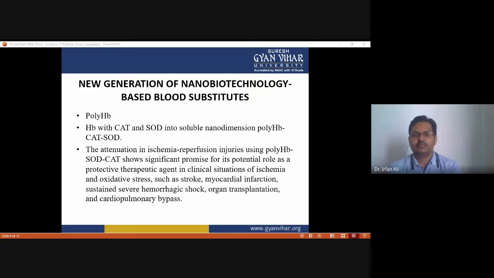In this study, the brain edema was followed based on changes in brain water content. So the changes in the brain water content of animals treated with polyhemoglobin-SOD-catalase were not significantly different from those of animals in the sham control group.